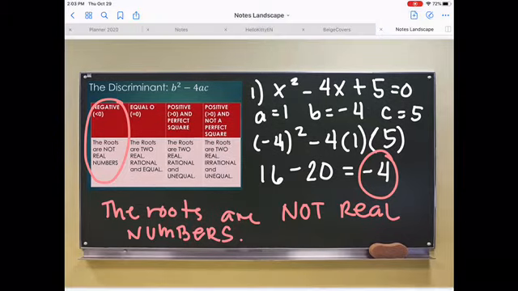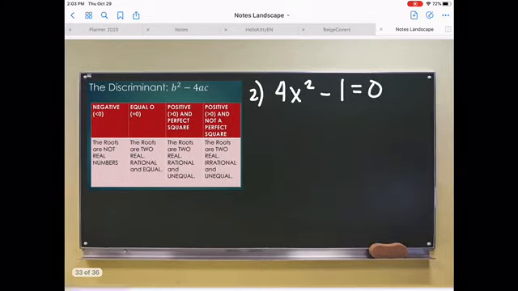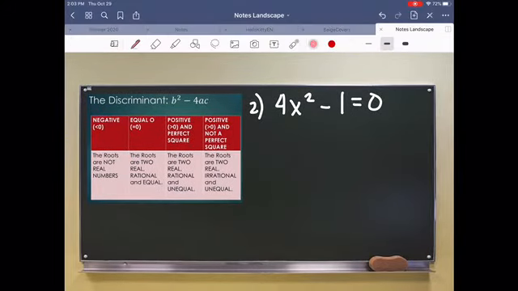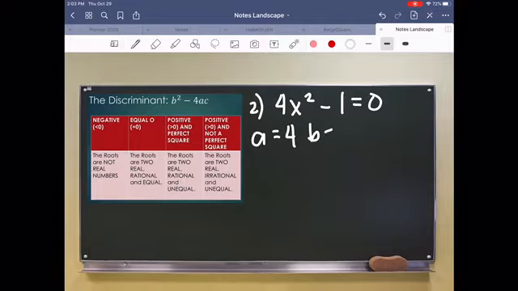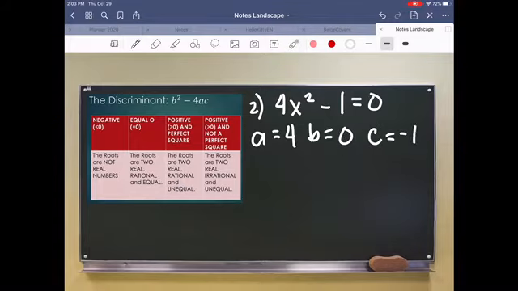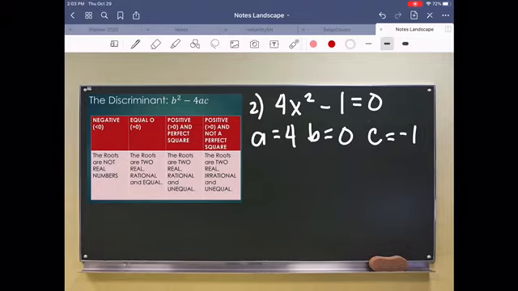Okay, example number 2. So, 4x squared minus 1 equals 0. So, this is a binomial. In this case, itong binomial na to, walang b. So, a is 4, b is 0, and c is negative 1. And all we need to do is substitute sa b squared minus 4ac.